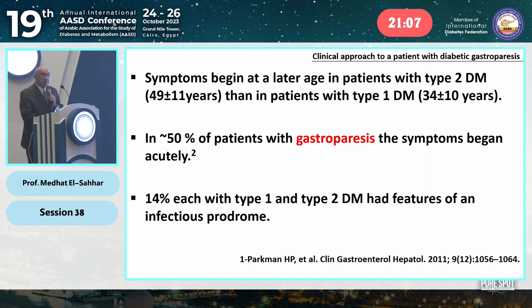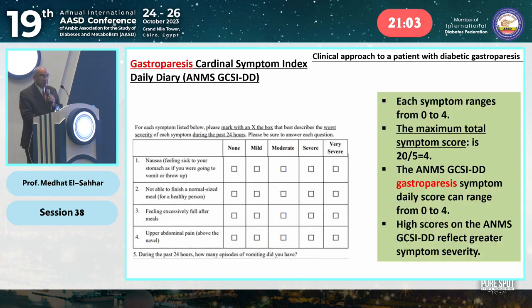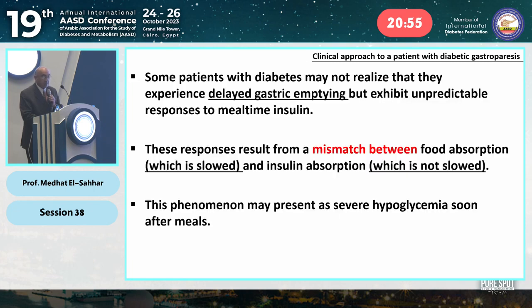In 14%, they found that gastroparesis may start after an infection in the GIT. There is a score with which we can know the severity of these symptoms by applying it to these 5 symptoms. Some patients will never know that they have delayed gastric emptying except when their diabetologist has problems in adjusting the dose of insulin before meals.